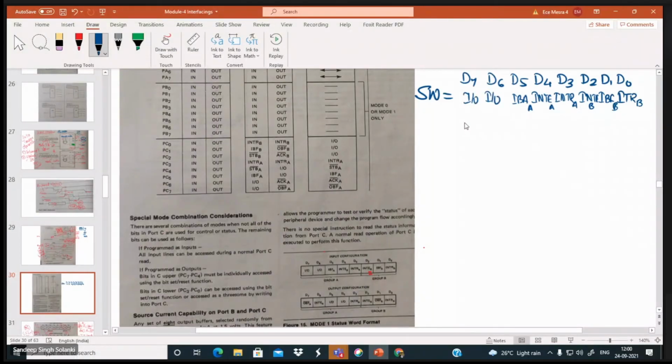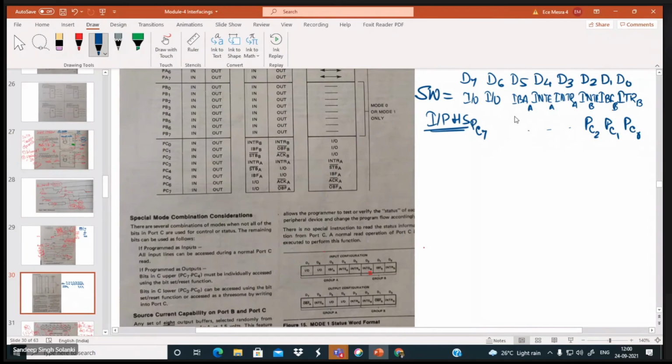This is the case when you are in input handshake mode. And another information I want to give you is that this is nothing but PC0, this is PC1, this is PC2, and so on, and this is PC7.